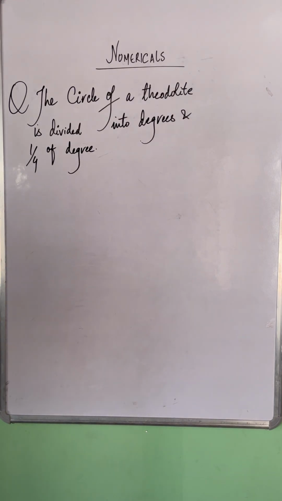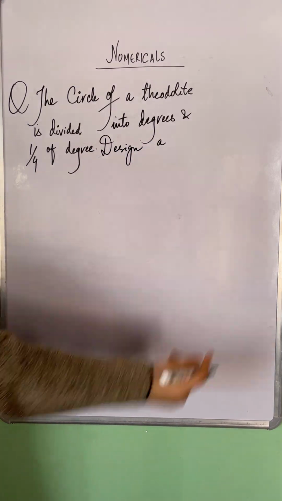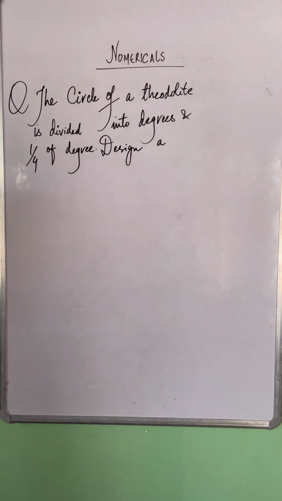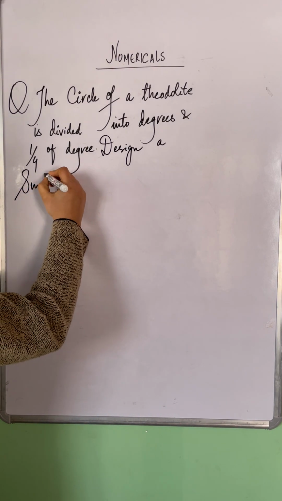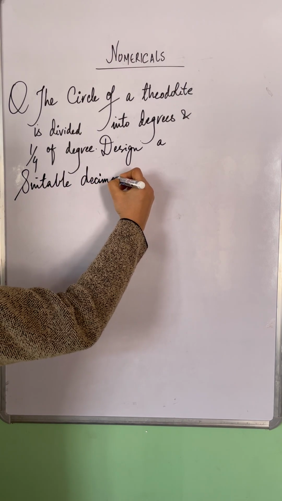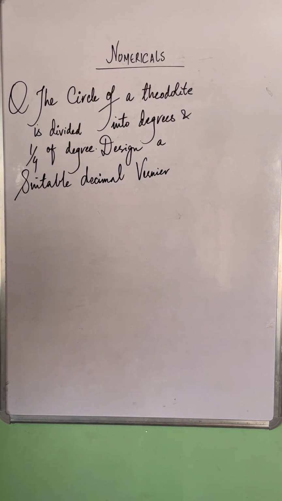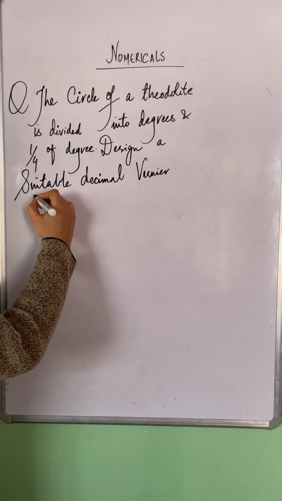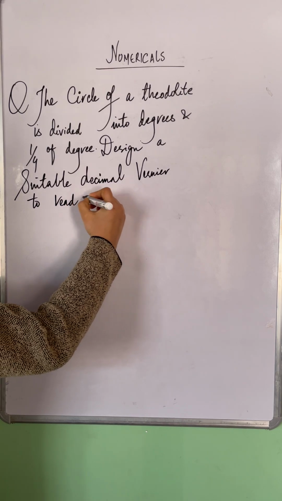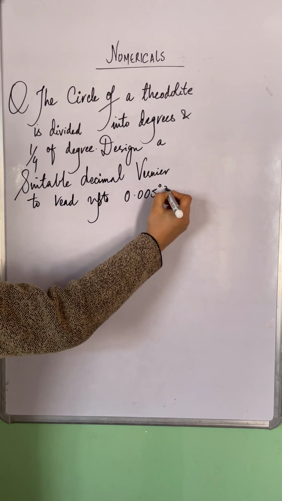Design a suitable decimal vernier to read up to 0.005 degrees.